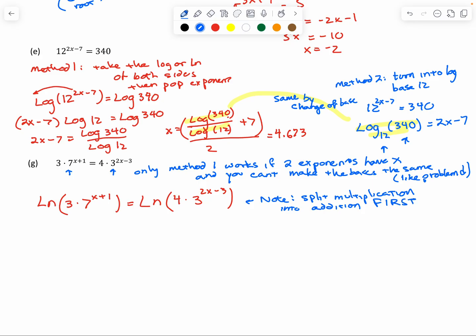You have to pop the addition apart for the multiplication into addition first, because the x plus 1 doesn't involve the 3. So pop only in front of the terms that involve the x.